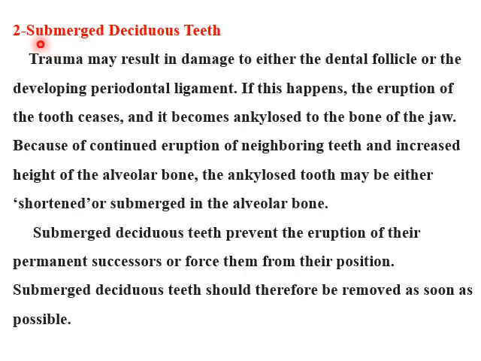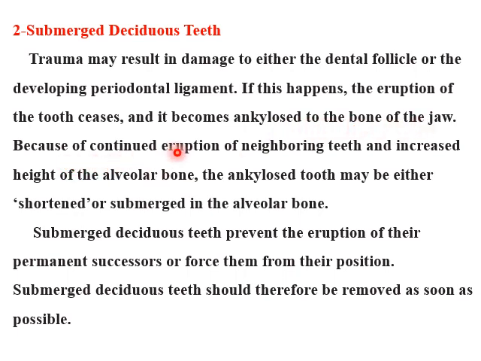The second clinical consideration is submerged deciduous teeth. Trauma may result in damage to either the dental follicle or the developing periodontal ligament. If this happens, the eruption of the tooth ceases and it becomes enclosed in the bone of the jaw.